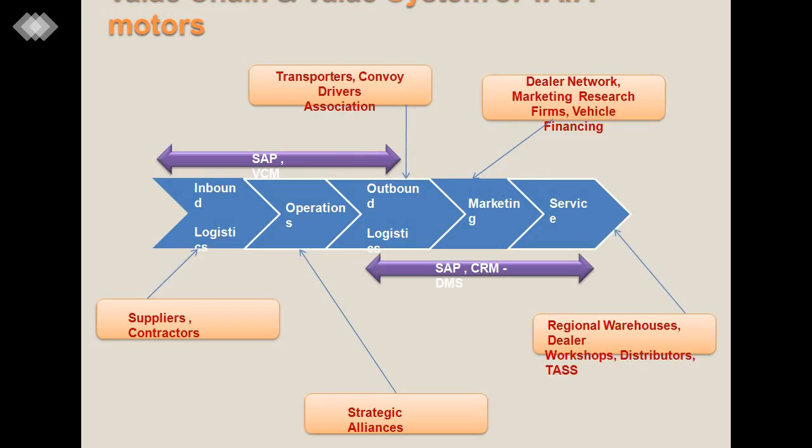In Tata Motors, the value chain and the value system include transport convoy drivers associated with their salespeople or products.